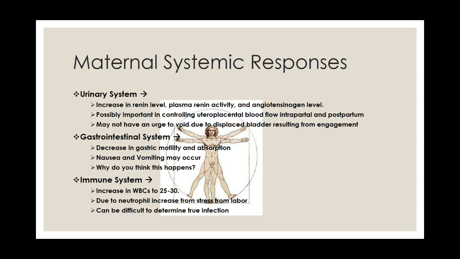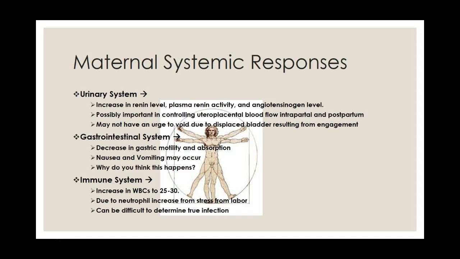It is possibly important in controlling uteroplacental blood flow, intrapartum and postpartum, so that's why this renin level and angiotensin levels are important. These moms may not have an urge to void due to a displaced bladder resulting from engagement.